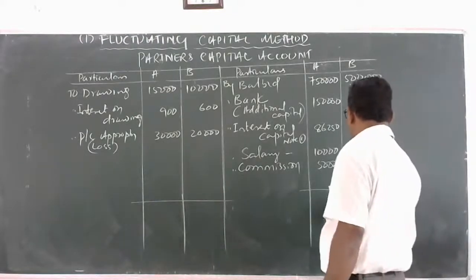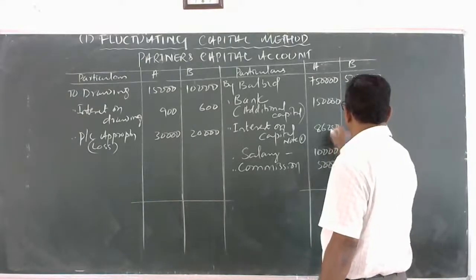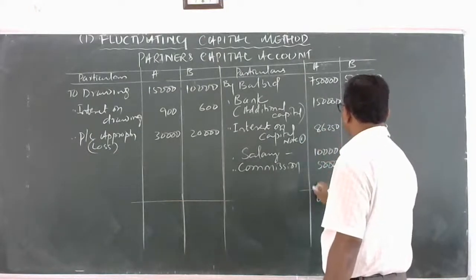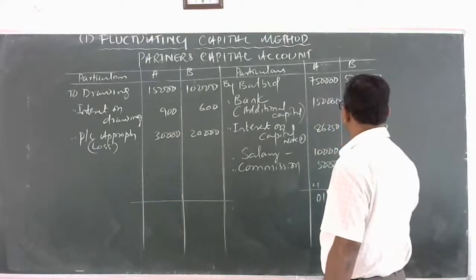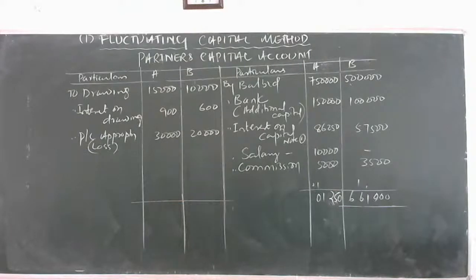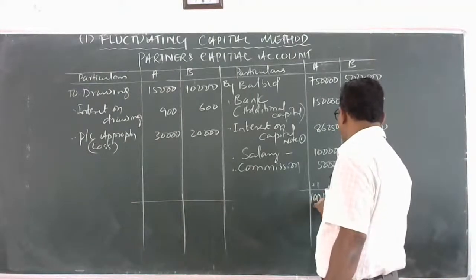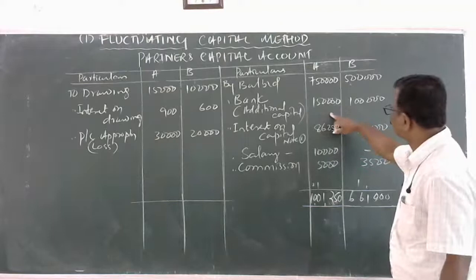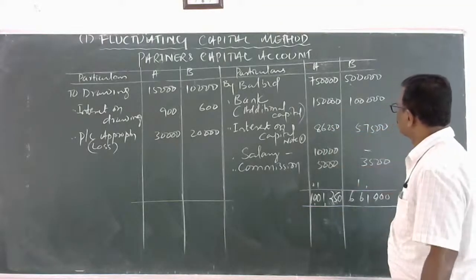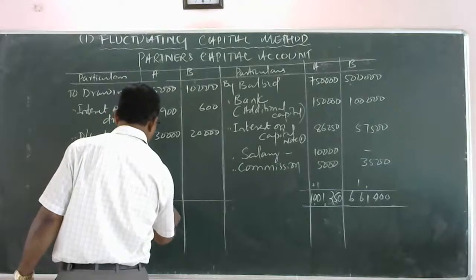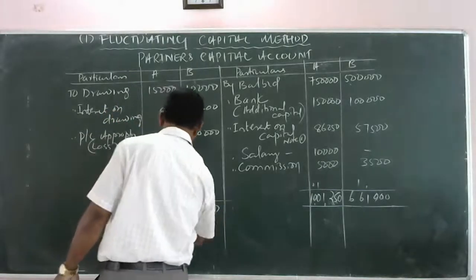6,61,000. B's total capital total. So A's total is 10,01,250. 6,61,000 is the total.